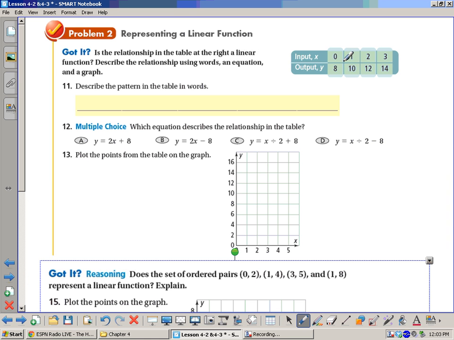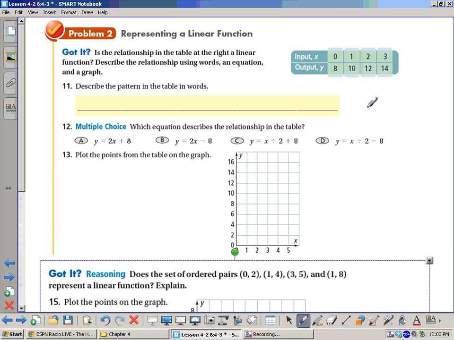So we may have something going on with 2 here. If they're going up by 2's, we may be able to determine what's going on here. We can also see that there's a pattern here between x and y. So I would say, well, I always start with adding. So if we add 8 to 0, we get 8. If we add 8 to 1, we get 9. So adding just 8 is not going to be the pattern.